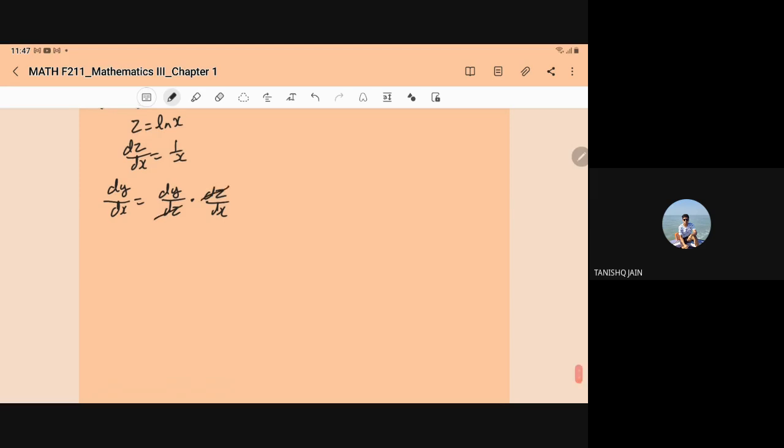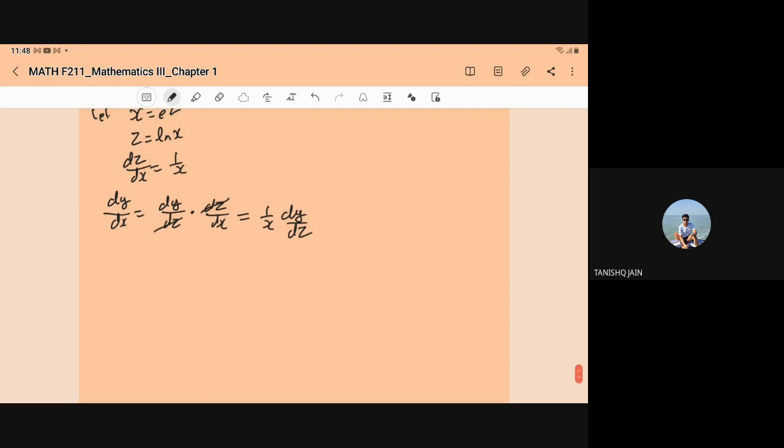And what is the value of dz by dx? That is 1 upon x. So dy by dx is equal to 1 upon x dy by dz. Clear? So this will give you x dy by dx is equal to dy by dz.